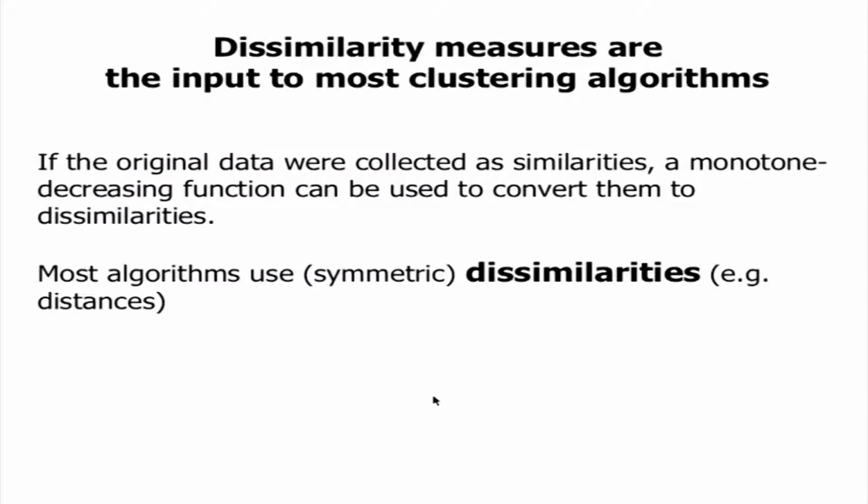Although similarities and dissimilarities are highly related, we usually input a dissimilarity measure into the clustering algorithms. Most R functions that we use for clustering require that the user input a dissimilarity measure. So what's a dissimilarity measure?